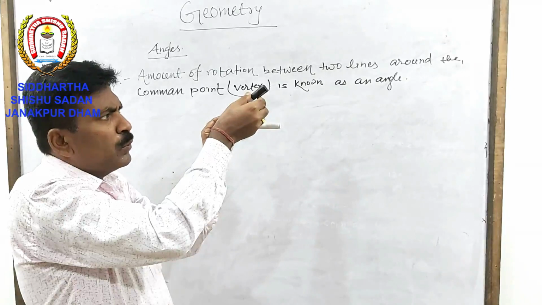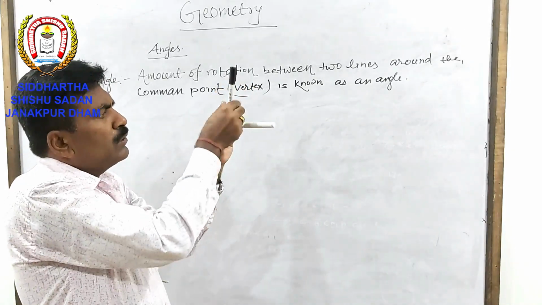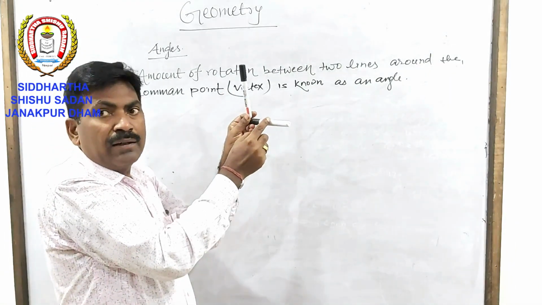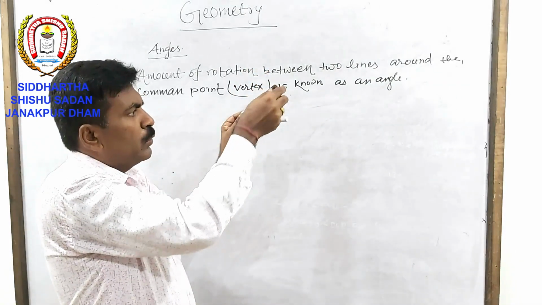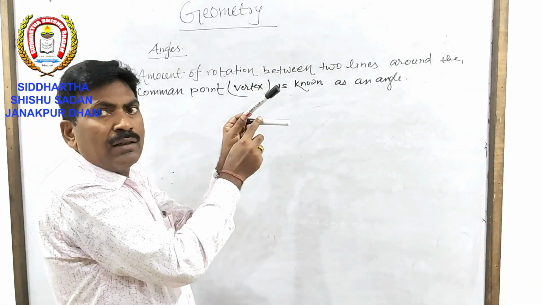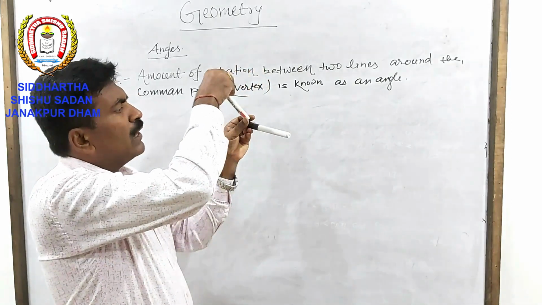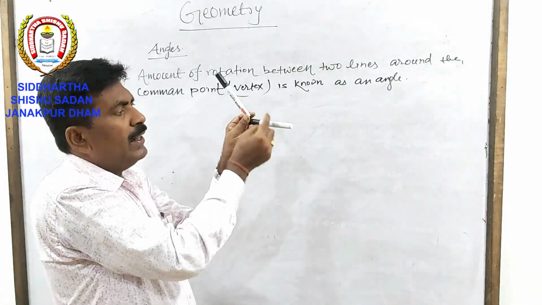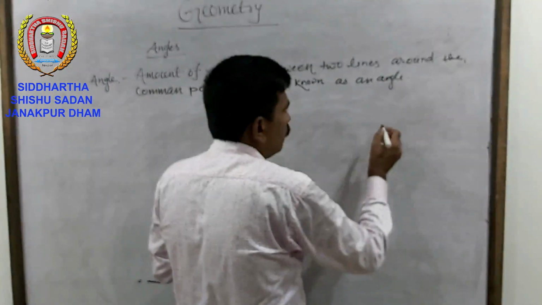Suppose it is rotated and it comes here. So this much amount of rotation is known as an angle. Now suppose it rotates only up to here. Then this much angle is here, and suppose it may rotate like this. So this is called an angle. It is an angle.